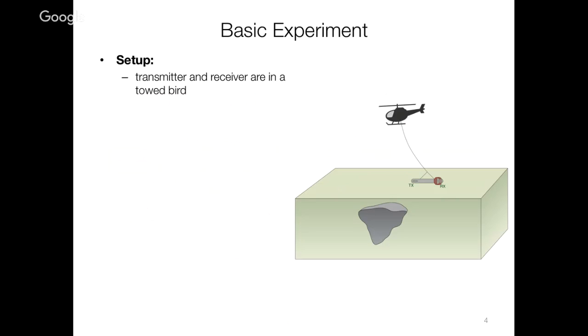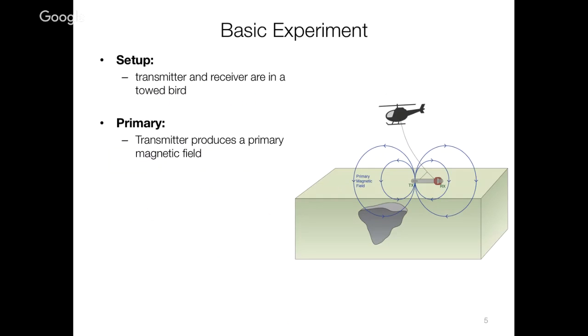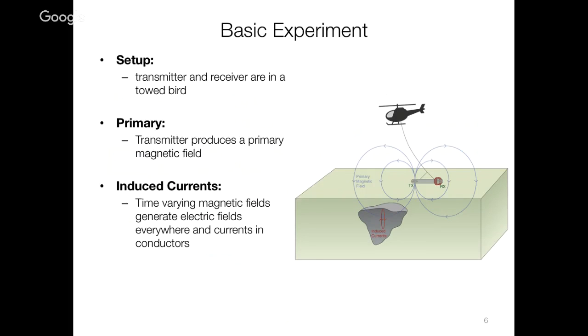So I have a transmitter and receiver. It could be on the ground or we could be towing them. Here's a case where we've got a helicopter that's towing a bird. There's a transmitter in here which is putting out a primary magnetic field. That time-varying field put out by the transmitter generates electric fields everywhere, and in particular currents in any place where there's a conductor.